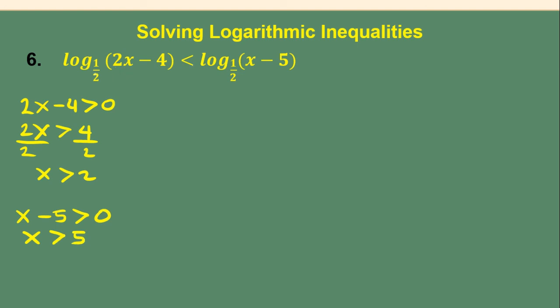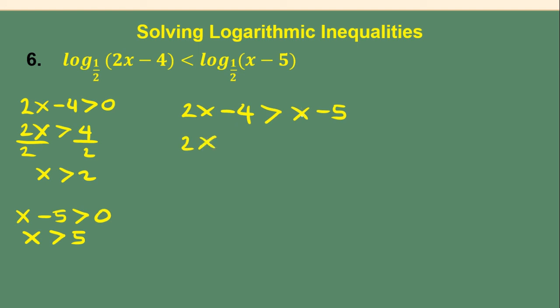Okay, so since we have the same base, then 2x minus 4. So kanina, less than, then we will reverse that into greater than, since our base is less than 1. So greater than x minus 5. Combine like terms, 2x.